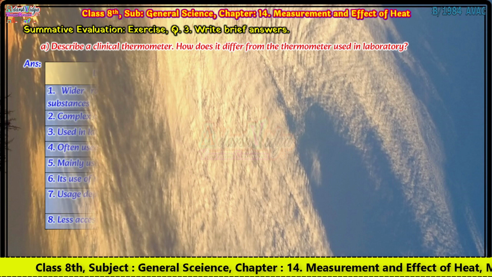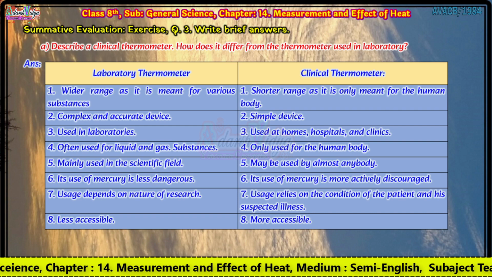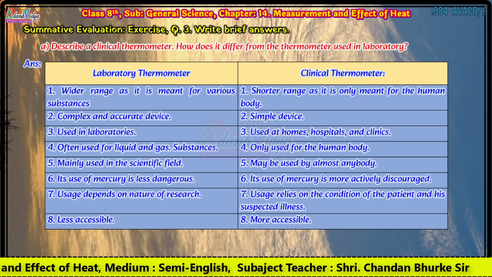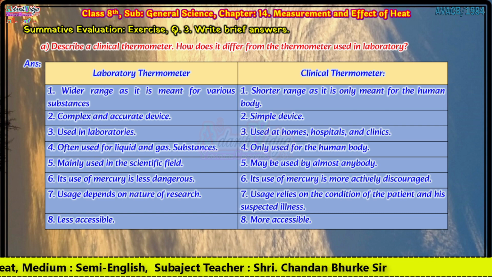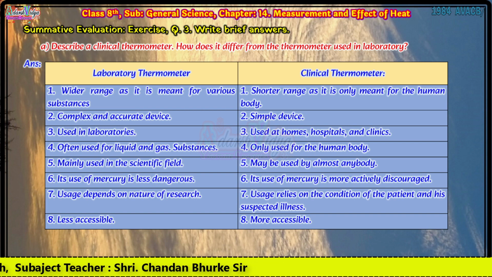Let's see some differences between a laboratory thermometer and a clinical thermometer. Firstly, the laboratory thermometer. 1. Wider range, as it is meant for various substances. 2. Complex and accurate device. 3. Used in laboratories. 4.